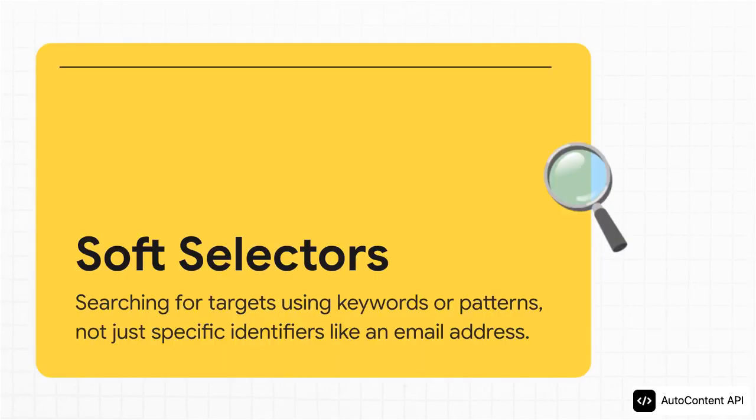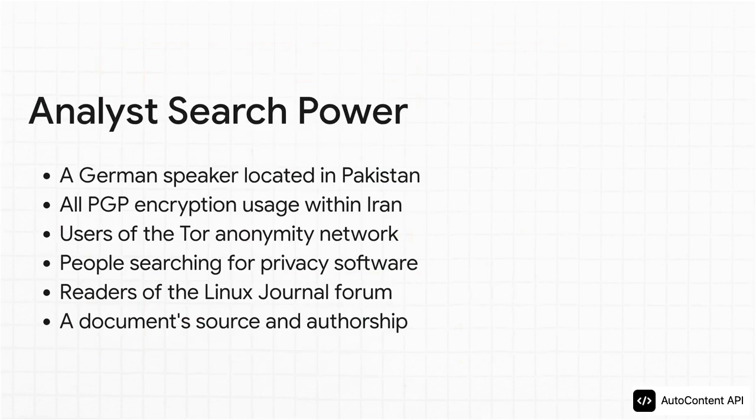So this right here, this is the real game changer. The system's power comes from its ability to use what are called soft selectors. This means an analyst doesn't actually need your email address or your IP address to find you. They can search for patterns, for behaviors, for specific keywords, right inside that raw stream of data. And this is where the implications get really, really profound.